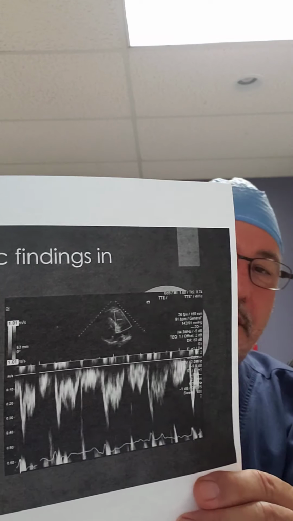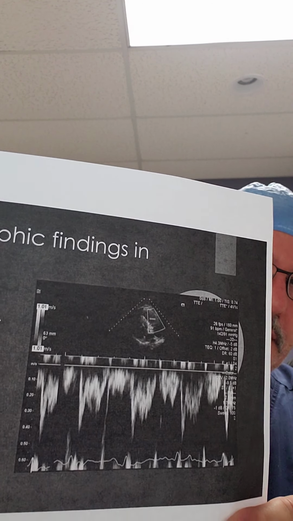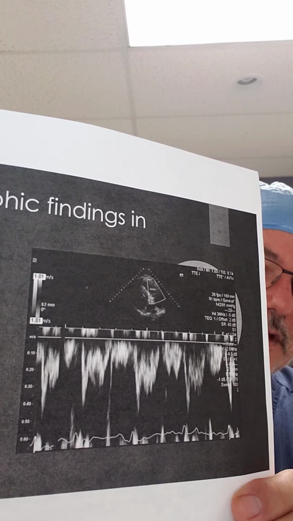With regard to the mid-systolic notching, I've got a diagram which shows what that looks like. As you can see, the mid-systolic notching. And the true sensitivity and specificity of the transthoracic echo in diagnosing acute PE is difficult to assess.